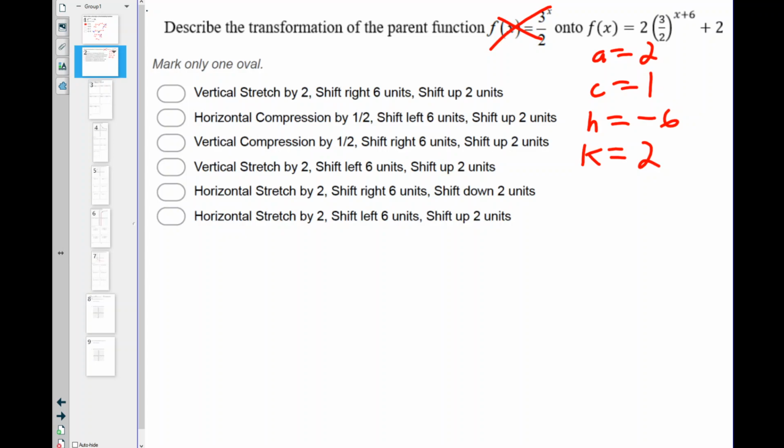What's H doing? It's a translation 6 units to the left, and then a translation 2 units up. So which one of these says those? The fourth one, left 6, up 2. Yep, very good.